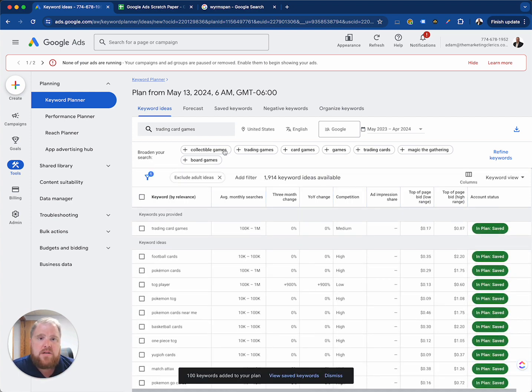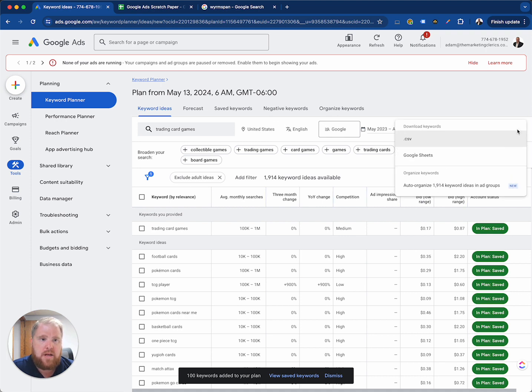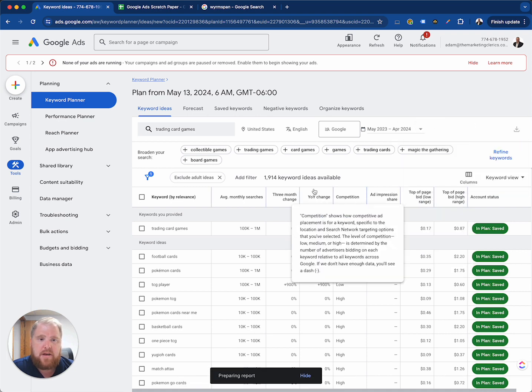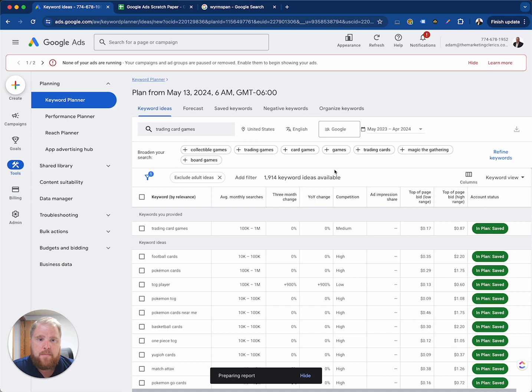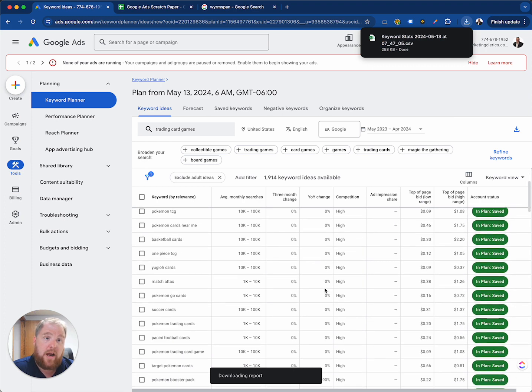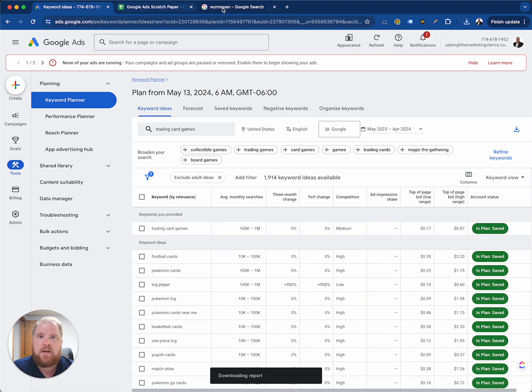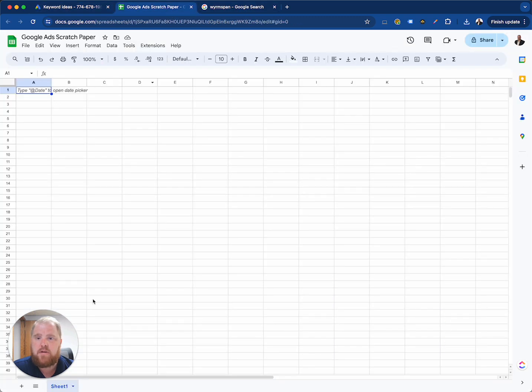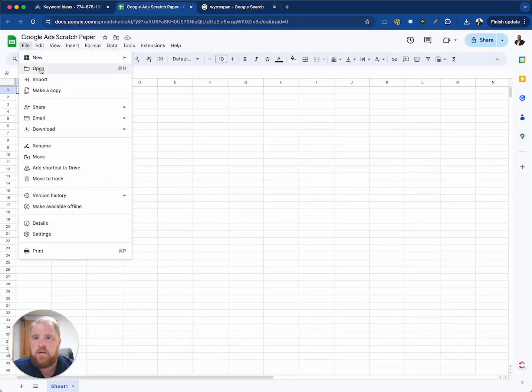All right, so now if we want to export these keywords, you just download to CSV, that should be fine. And what we're trying to figure out here is, what is it going to cost to run ads for this specific product. So we're going to import those over here.